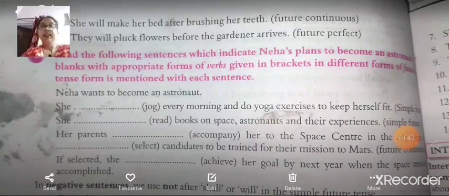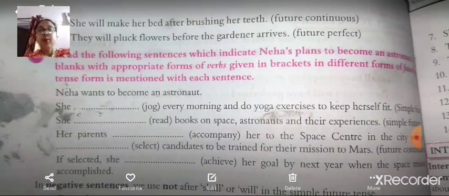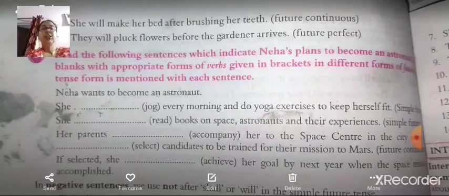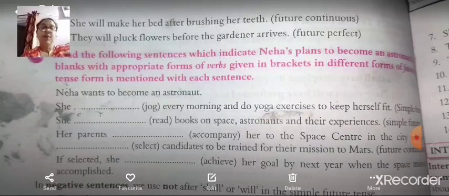Now next exercise is exercise number G. Read the following sentences which indicate Neha's plan to become an astronaut. Fill in the blanks with the appropriate form of the verb given in the bracket in different forms of the future tense. The tense form is mentioned with each sentence. She will jog every morning and do yoga exercise to keep herself fit.